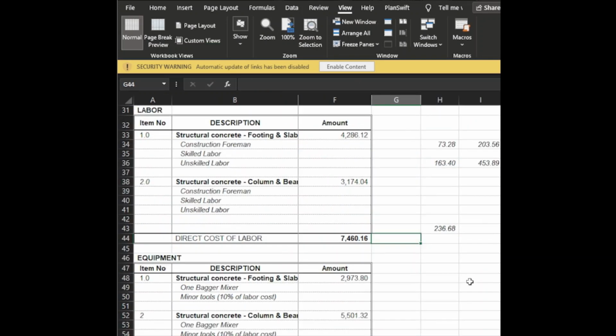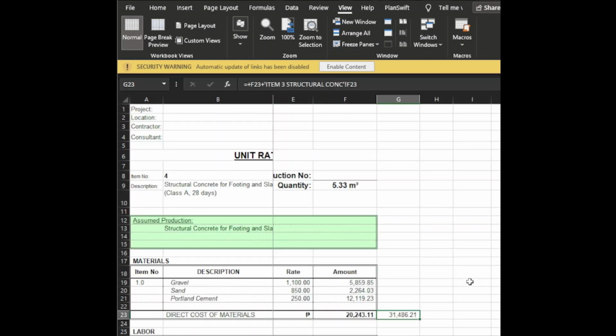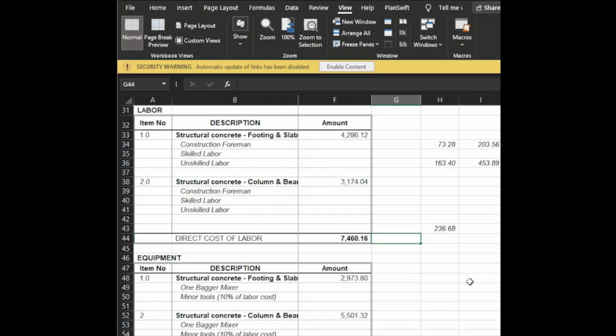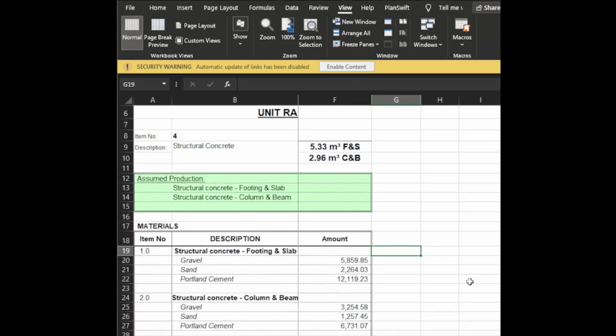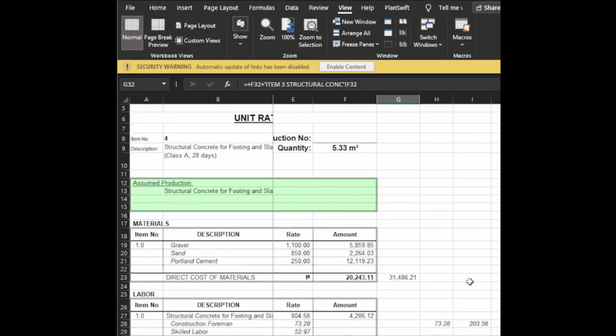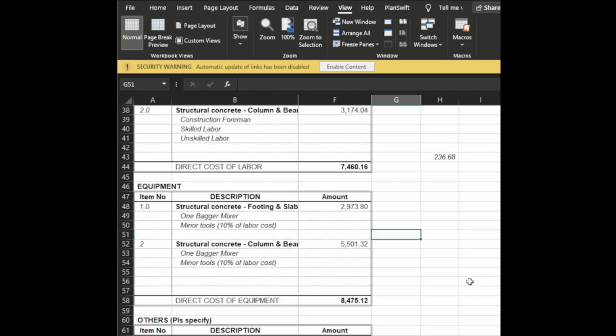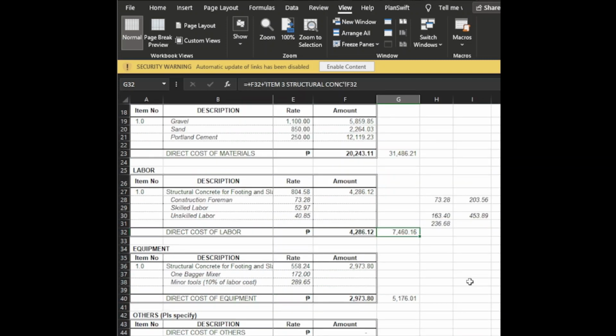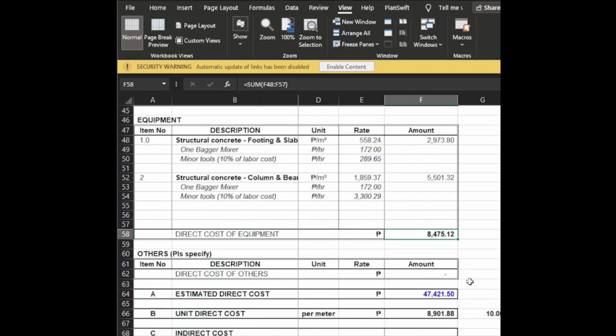$31,000. Then this is also 31,000. Then the next one is 7,460, 7,460, and the equipment 8,475. 8,400. Wait, there is a problem. What happened?